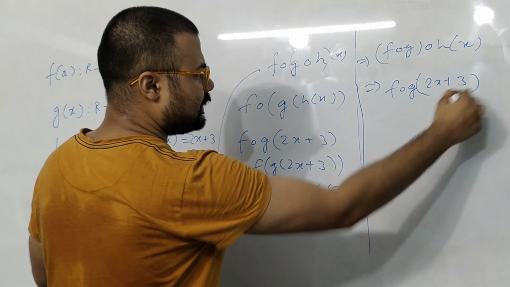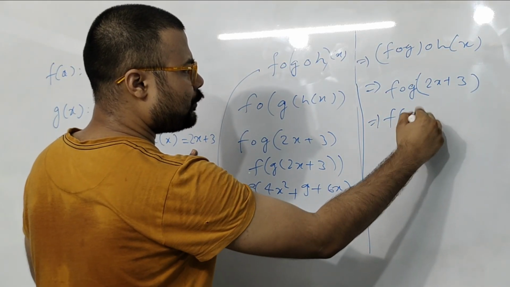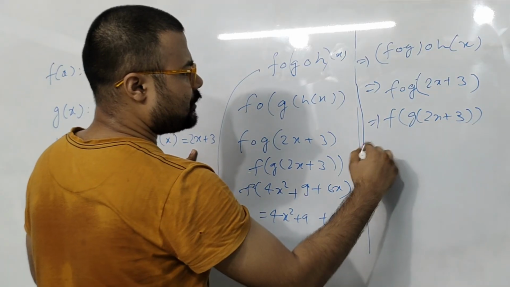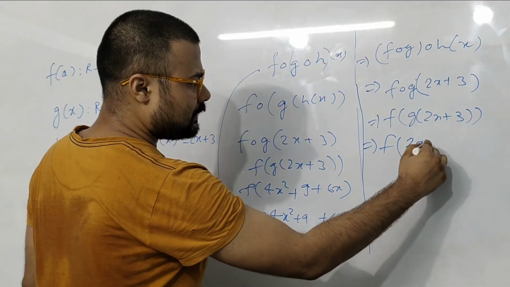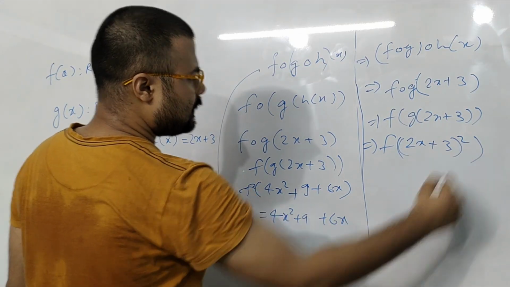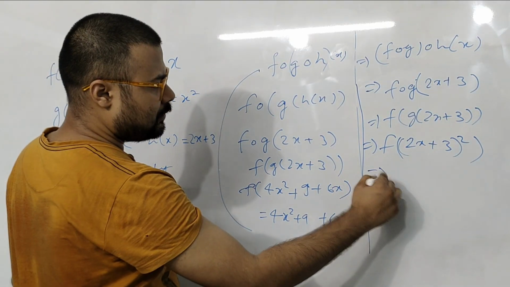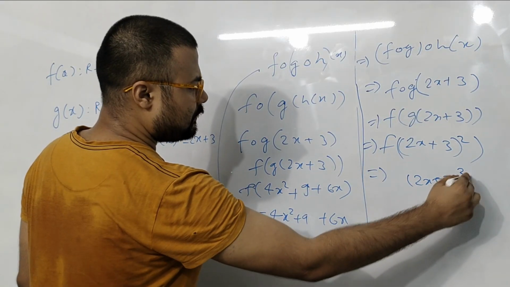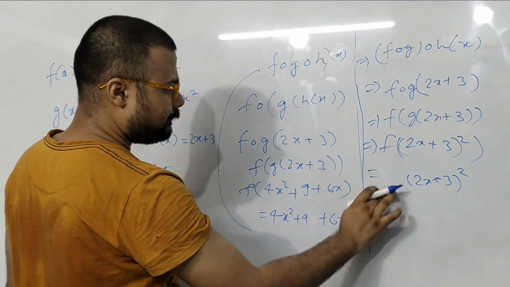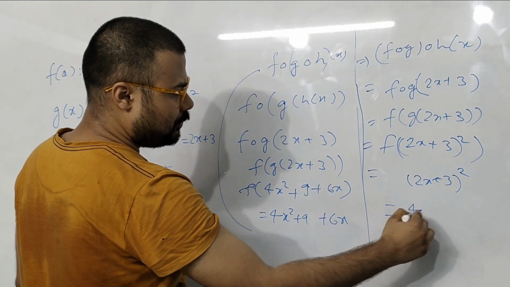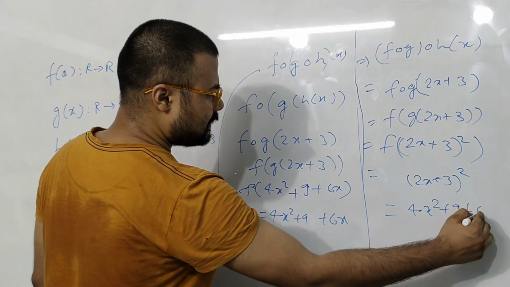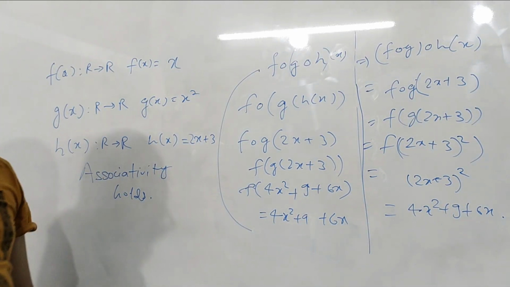So fog of 2x plus 3 is equal to f of g of 2x plus 3, which is equal to f of 2x plus 3 whole square, that is equal to 2x plus 3 whole square, which is equal to 4x square plus 9 plus 6x. So associativity holds.